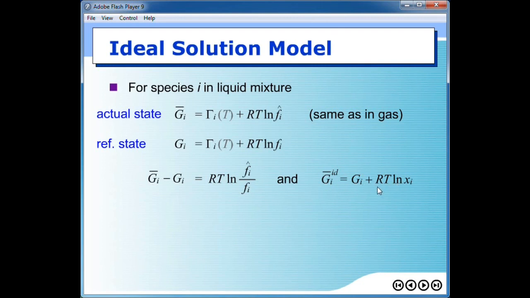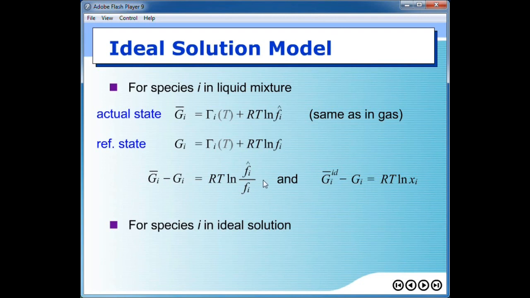If I rearrange the equation a bit into the same form, you see that they are very similar. You should notice that this equation was derived based on the ideal solution assumption, but that equation was derived in general.